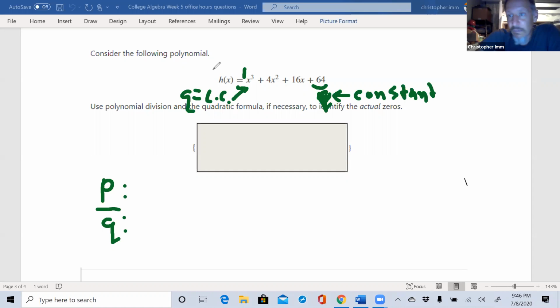Now they won't all work. In fact, none of them may work, but it's a good place to start.